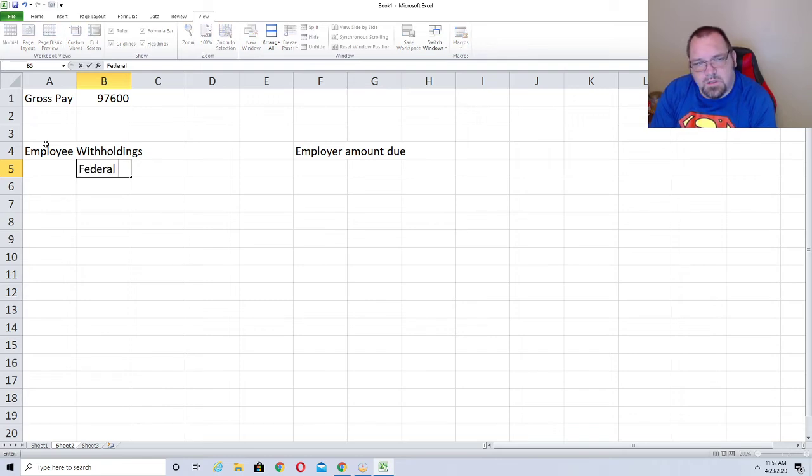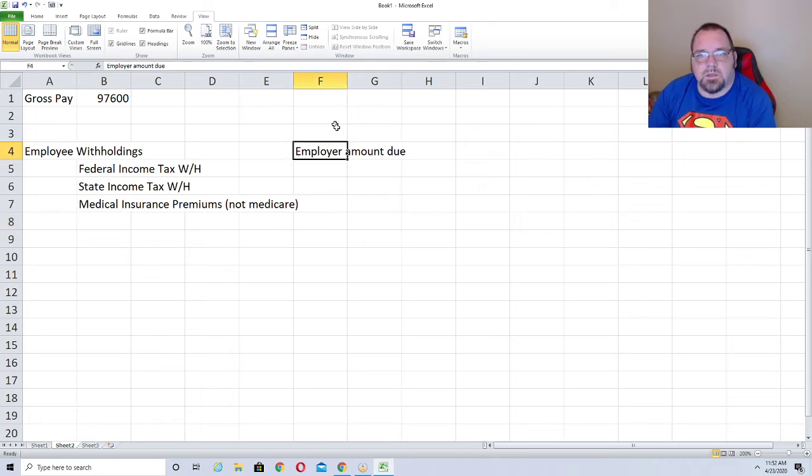Federal income tax withheld. Then state income tax withheld. Maybe medical insurance premiums. Not Medicare.